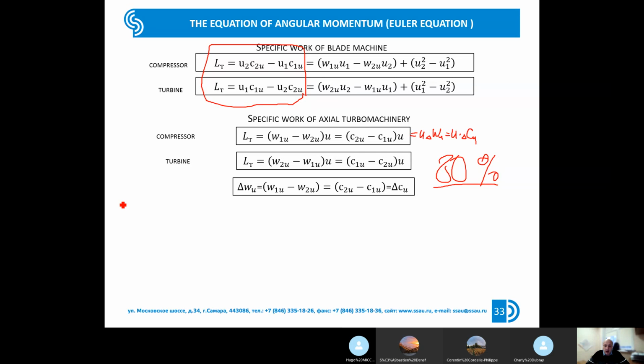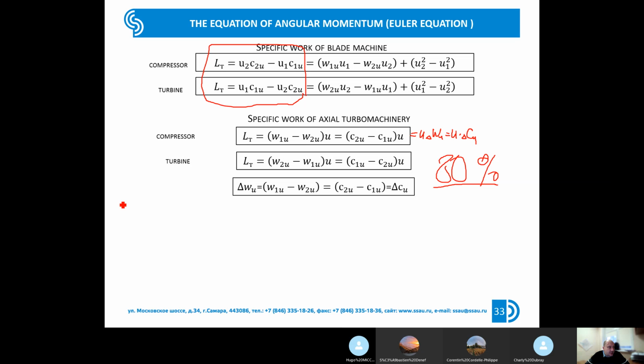Okay, let's continue. Of course, like in the case of the previous equations, it's important for us to understand how we receive the equations, what kind of assumptions and simplifications we are using.